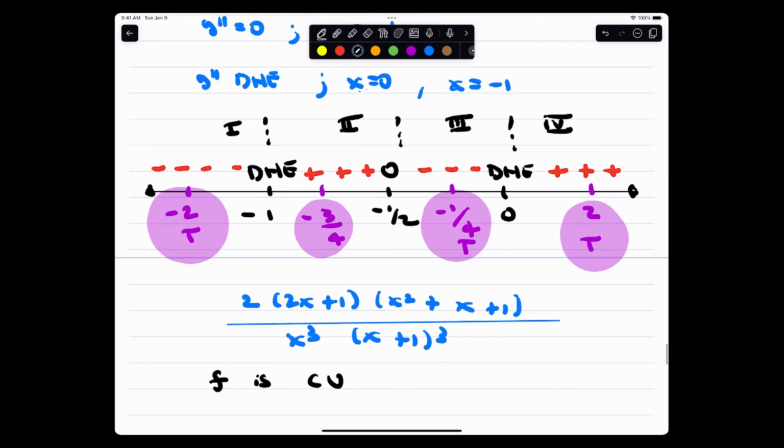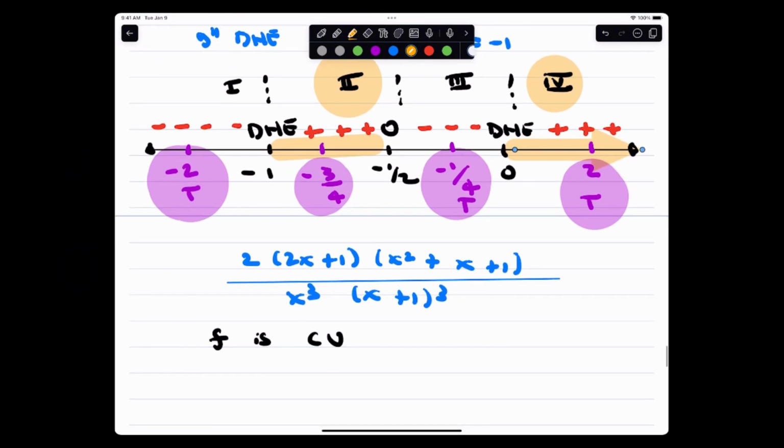Like, how do you describe your answers? Concave up. Isn't that region 2, region what, 4? Is that true? So we're going to have to describe this. What does this even mean? Region 2 is what?